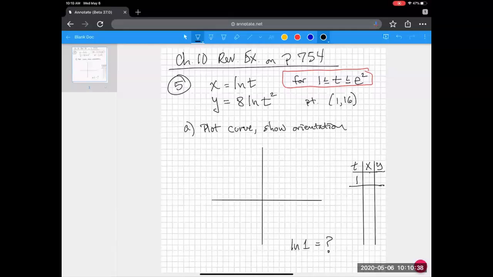Okie dokie. So natural log of 1 is 0. So that means my x value is 0. And in my y value, I'm supposed to square that, take the natural log, and then multiply by 8. So if I square 1, I get 1. Natural log of 1 would still be 0, times 8, so I get 0. So this happily starts at the origin. So there's our first point.